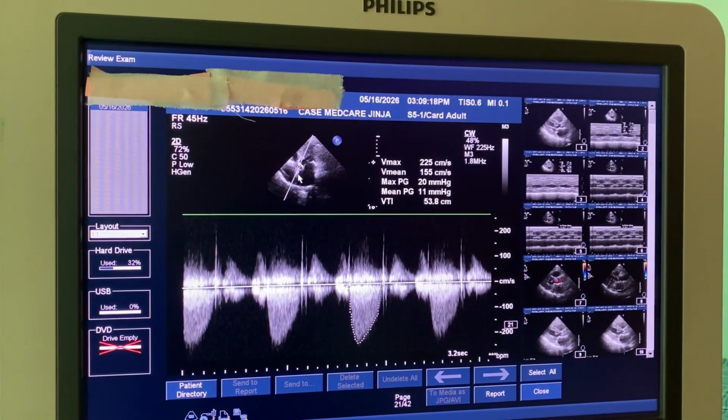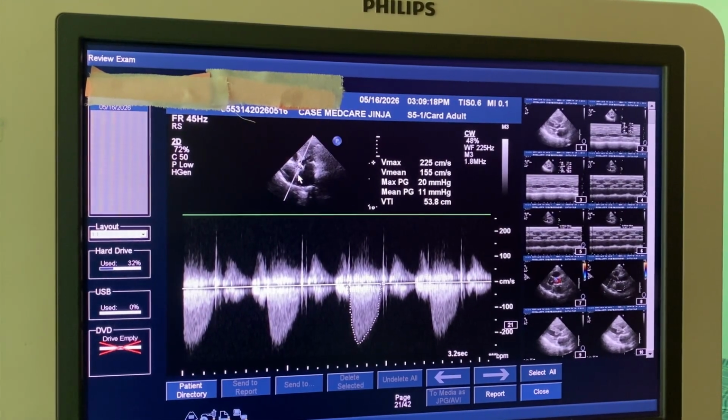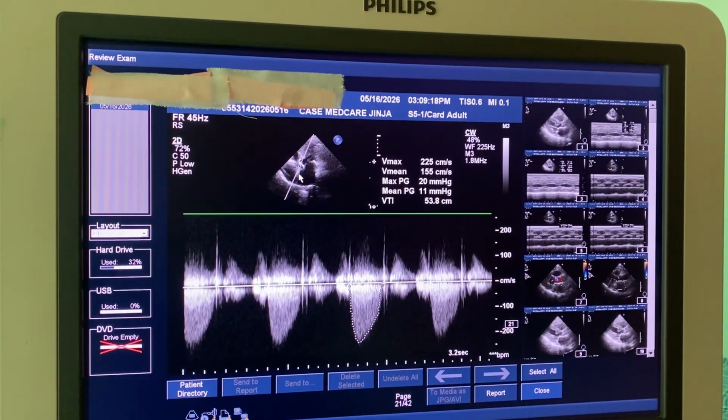If DVI is greater than 0.5, that is mild. Normal should be equal to 1.